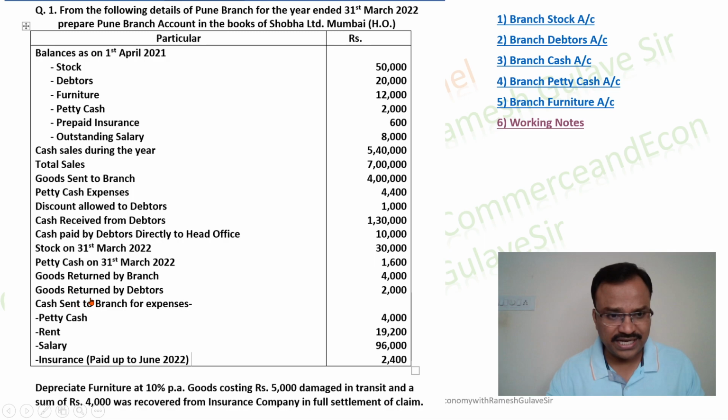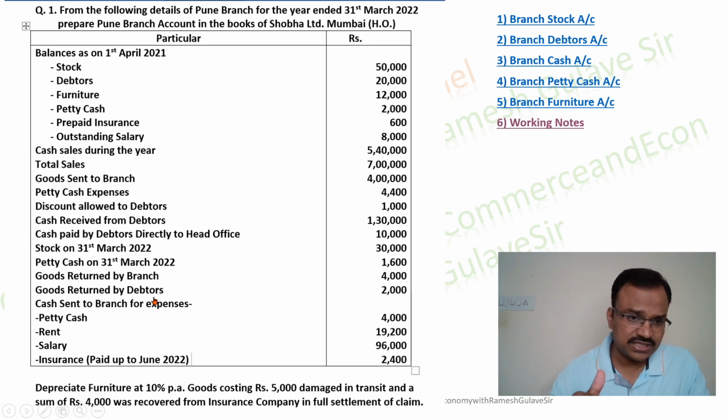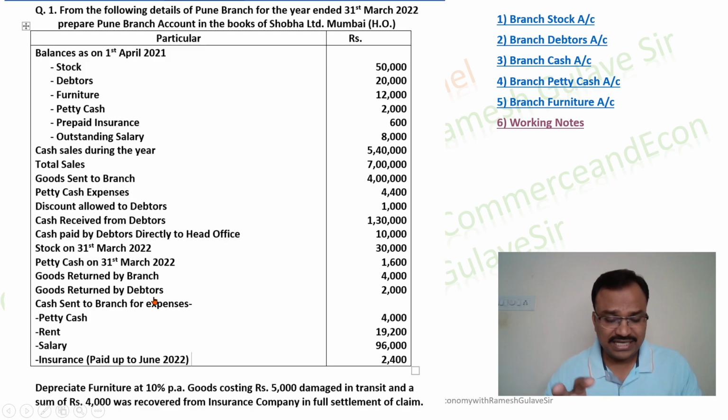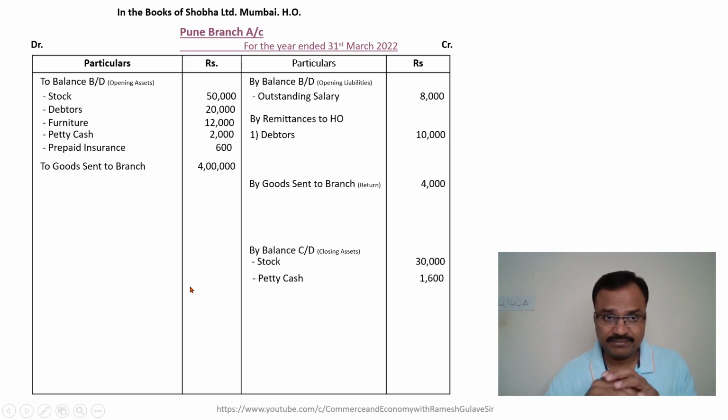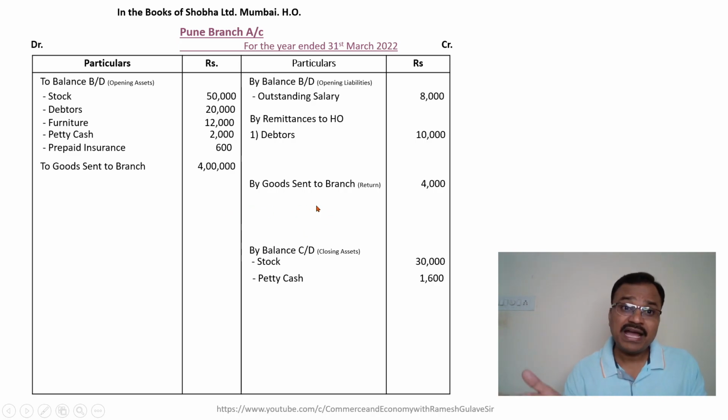Next point is goods returned by debtors. So again, if goods are returned by debtors, these goods are returned by debtors to branch. So that's why these are recorded in debtors account and stock account. Goods returned by debtors are not recorded in the branch account, right? We record here the goods returned by branch to head office, not the goods returned by debtors to the branch.